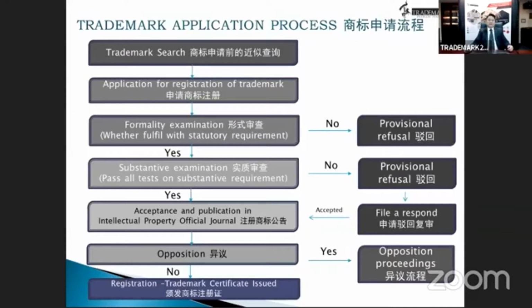And if during the examination period it is found that you have passed all the requirements, all the tests for examination, your trademark application will be accepted and published in the Intellectual Property Official Journal. When it is published in the journal, for the next 2 months, any third party may oppose the registration of your trademark by filing a notice of opposition.